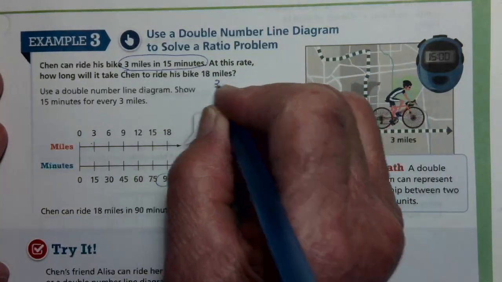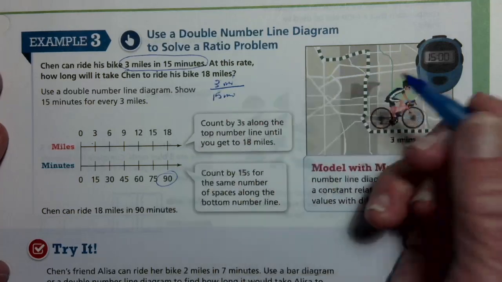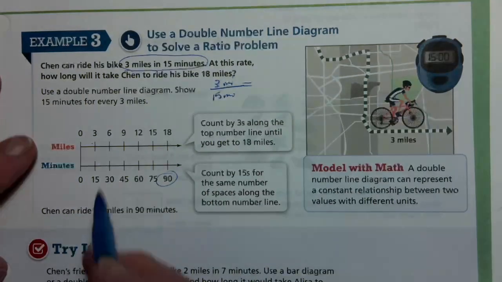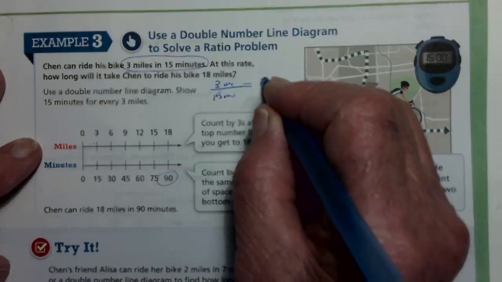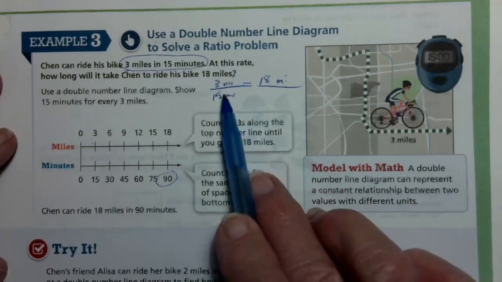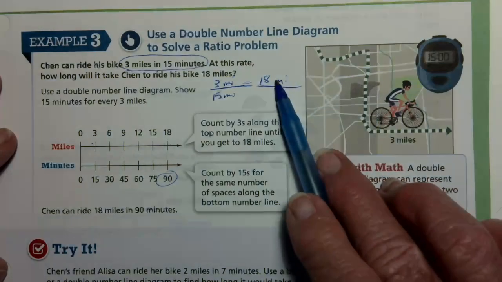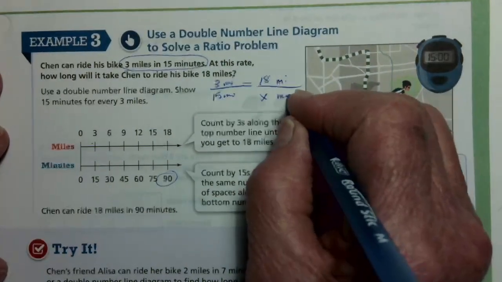I'm going to go 3 miles in 15 minutes. But I want to go 18 miles. So my 18's got to come up here because I had miles on the top compared to the minutes. I got to put my miles on the top up here compared to X number of minutes.